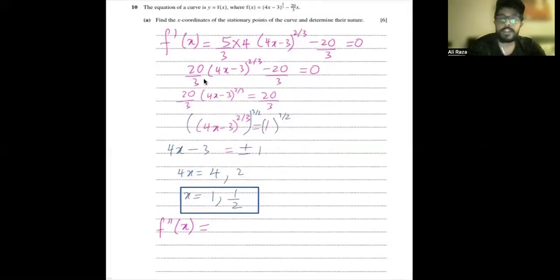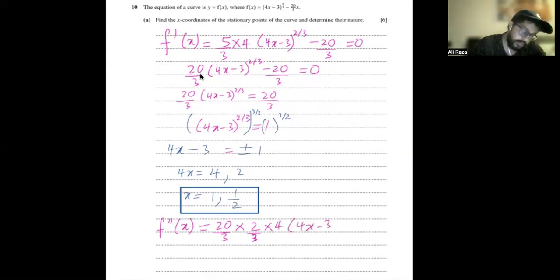We'll differentiate this f prime again. So we'll multiply the power again, 20 upon 3 multiplied by 2 over 3, and the differential of the bracket.